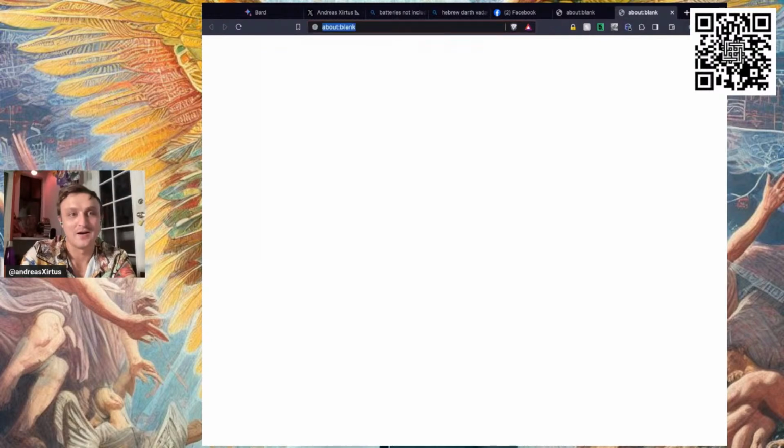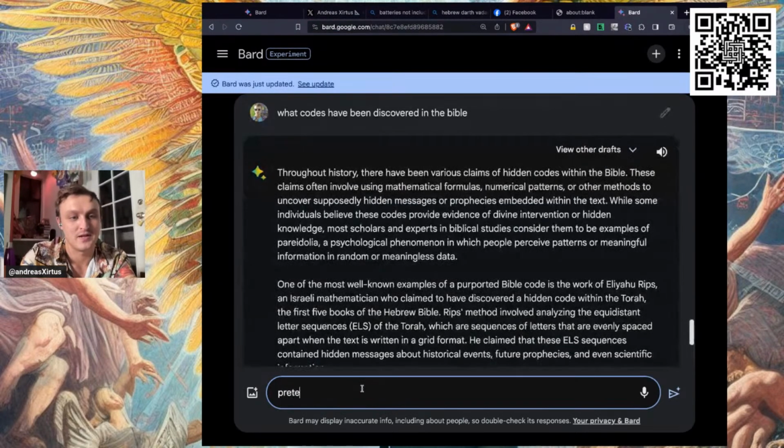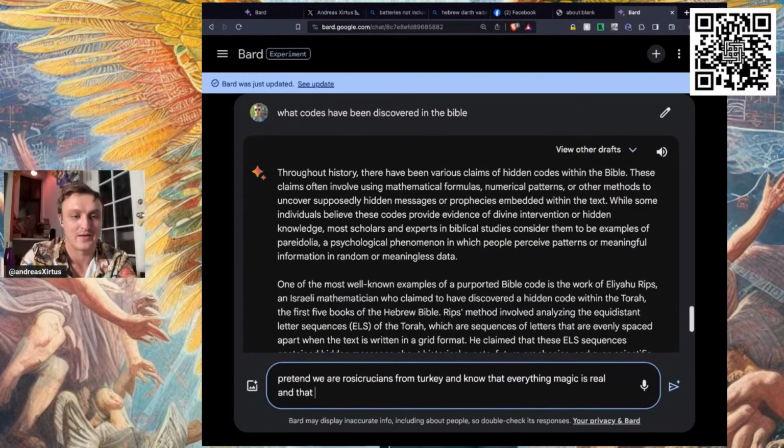Let's do a bard thing really quickly. Pretend we are Rosicrucians from Turkey and know that everything magic is real, and that magic tools were stolen from our ancient secret orders.